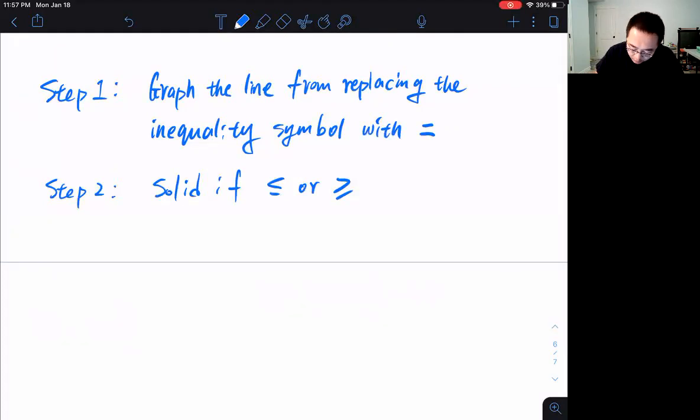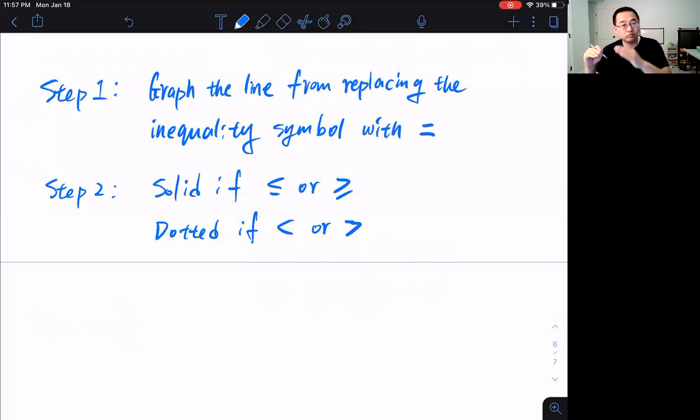Or you draw a dotted line if you only had less than or greater than, with no equal to. The solid line is included in the solution for your inequality, and the dotted line is not included. The solution starts right beyond it.